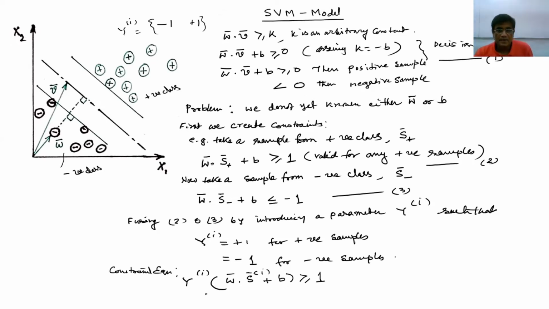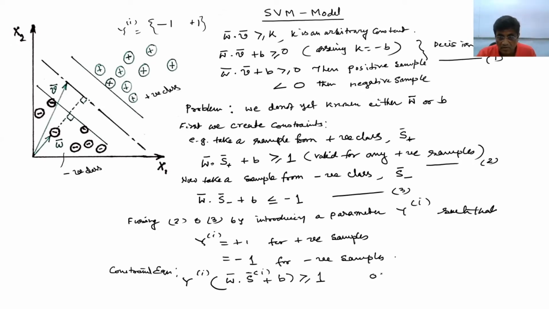You see? Both are represented by this one equation. Because for a negative sample, this will be this, and this will be minus 1. So directly for a negative sample, you will get this from here. For a positive sample, you will get this if you put y equal to 1 and this equal to S positive. Agree?